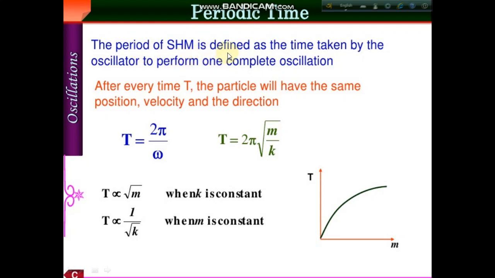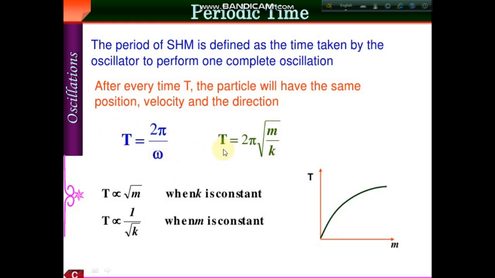After every time T, the particle will have the same position, velocity and direction. The expression for the time period is T equals 2 pi by omega.